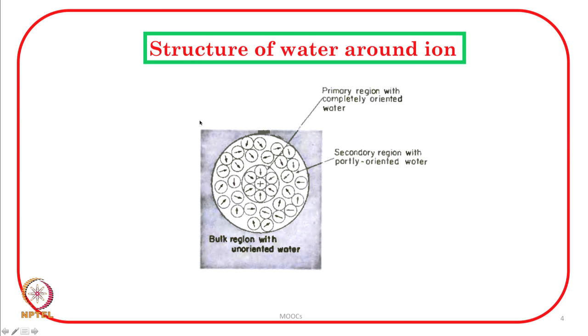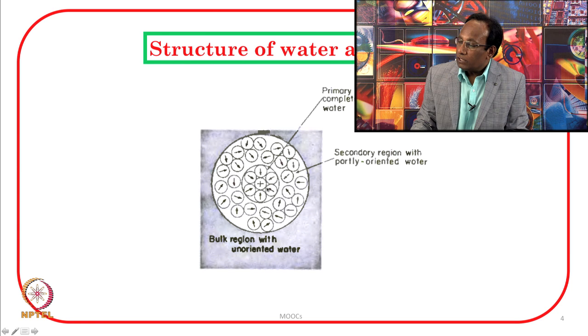However, the rest of the water molecules would also like to engage in hydrogen bonding. So, therefore, beyond the primary hydration shell, these water molecules may compromise between the electrostatic field of the ion and the hydrogen bonding ability of the rest of the water molecules.